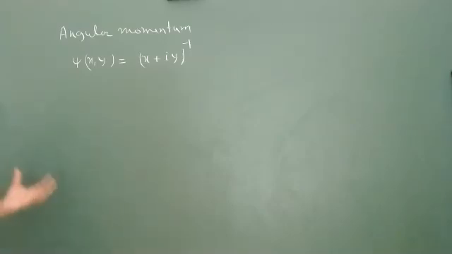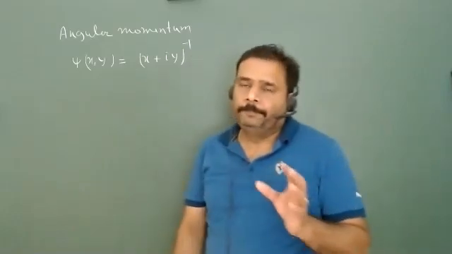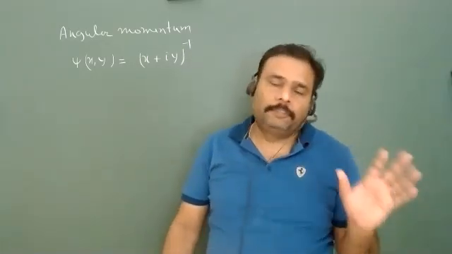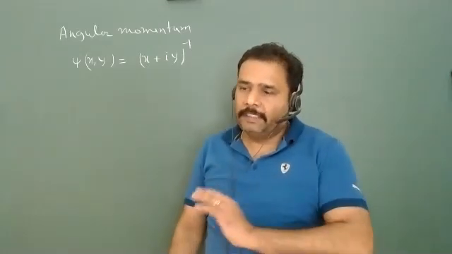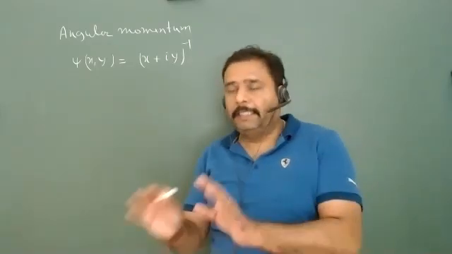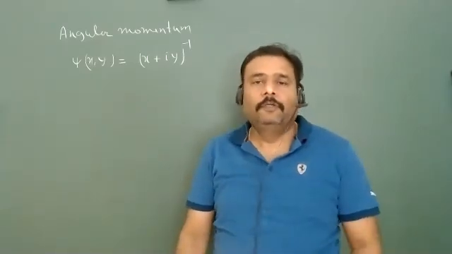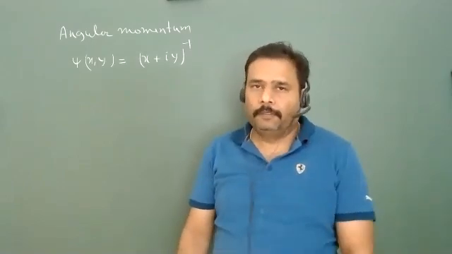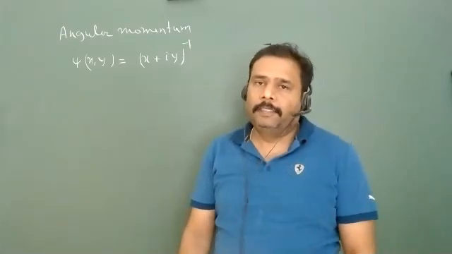Whenever you are approaching this type of problem, always remember that Cartesian coordinates are not a good choice to solve angular momentum algebra. What you will do is convert the thing into spherical polar coordinates. In the examination, the examiner will always give you the wave function in Cartesian coordinates, and you have to just convert it into spherical polar coordinates.